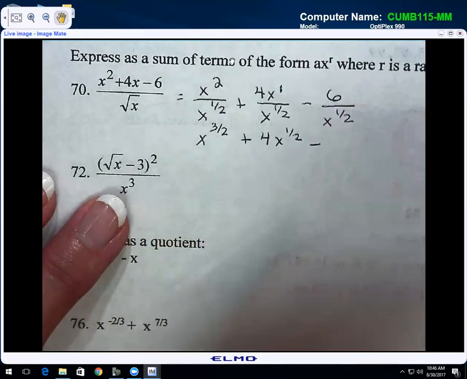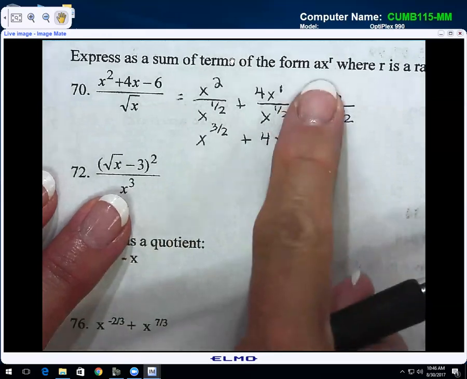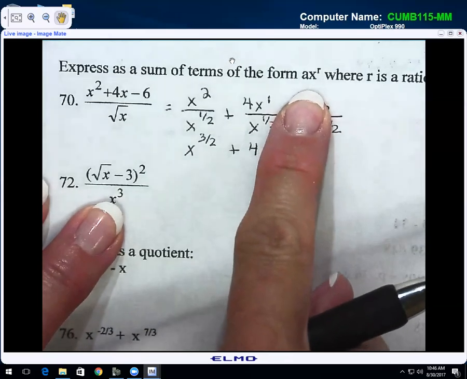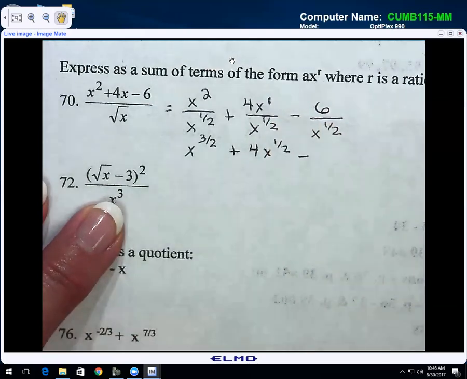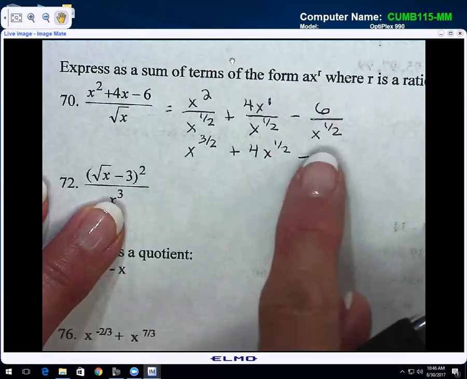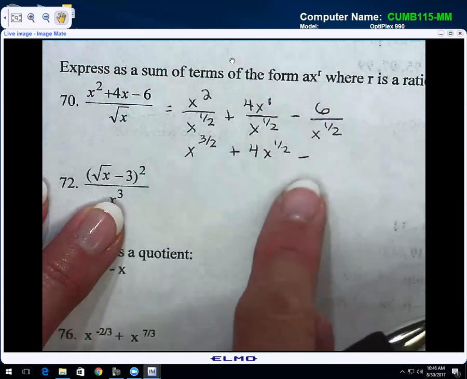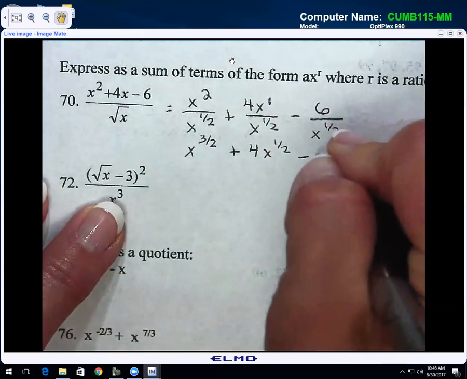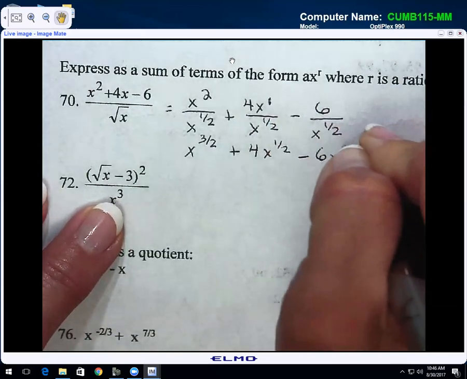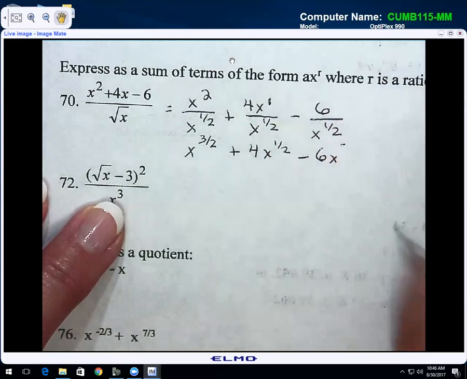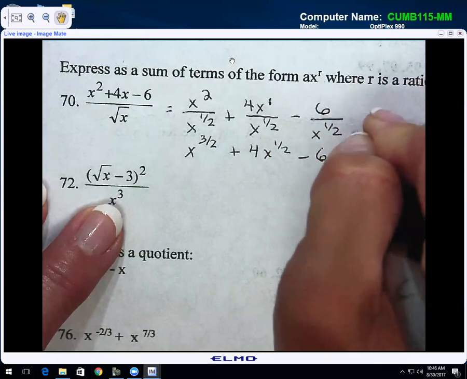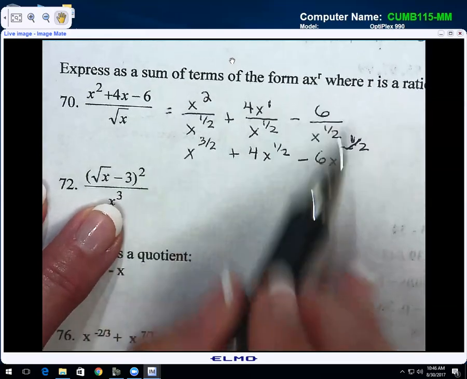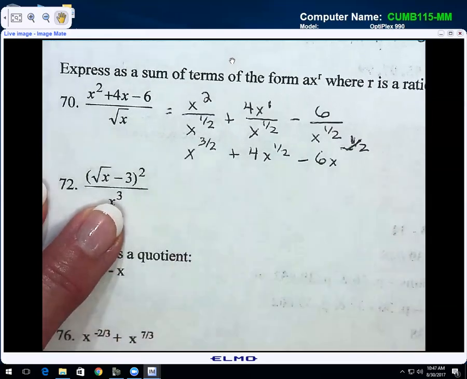Third term, how could I write that like the directions are saying? The directions said each term needs to be just a constant times x to a power. How can I write that as 6 times x to a power? What would the power be? Negative 6x to the half. If I wrote 6x to the 1/2, does this mean the same thing as this?